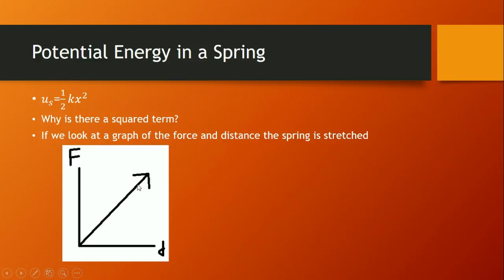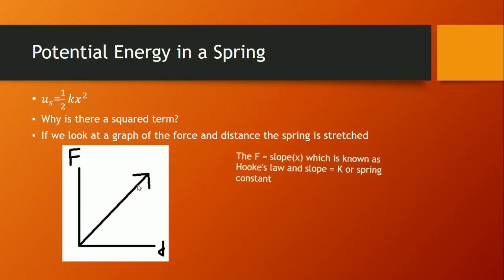Remember back when we were analyzing kinematics graphs, we knew two important things you can read from a graph: area and slope. The slope of this graph: if you think about a line, force, which is the y term, so y equals kx. In this case, force equals the slope times the distance, which I represented by x.